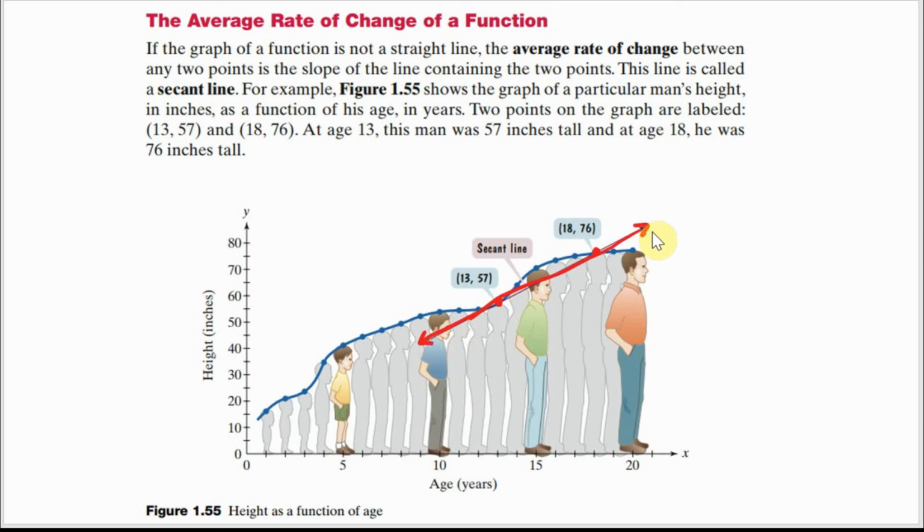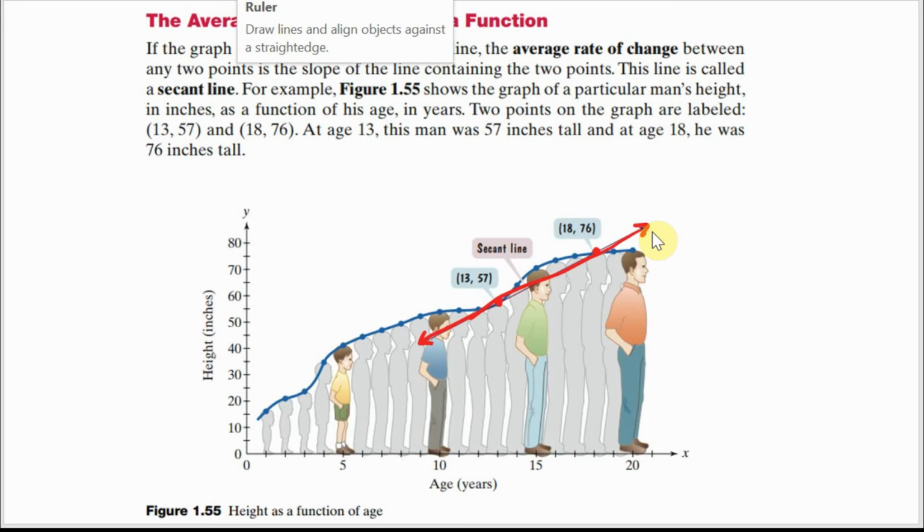What you get is the slope of the secant line. Given a graph, if I can take 2 points on that graph and draw a straight line, that straight line is called the secant. And from that, we can get the slope.